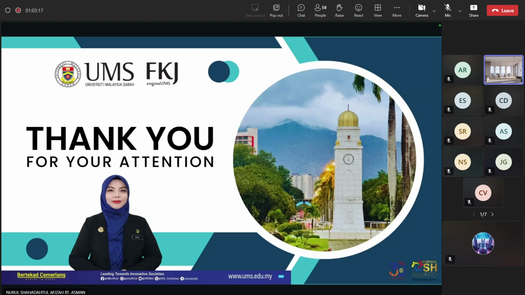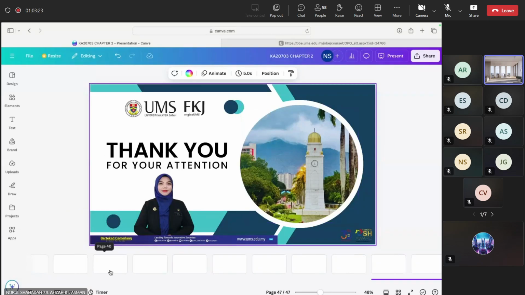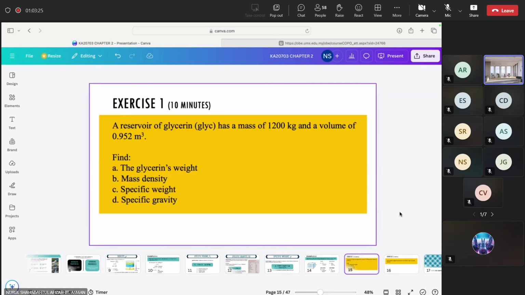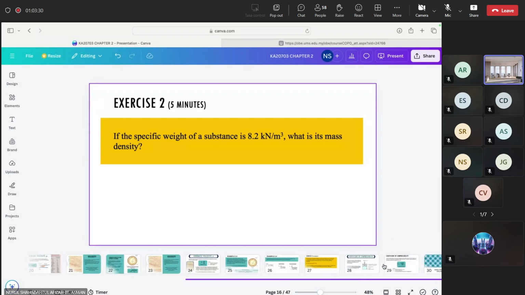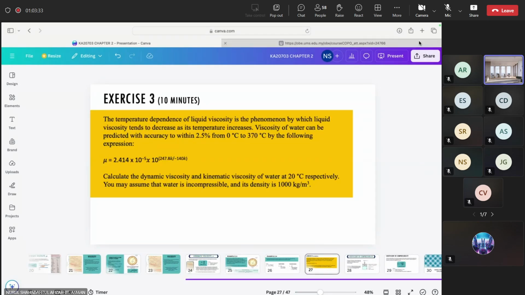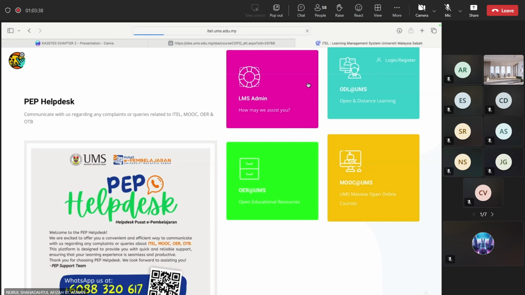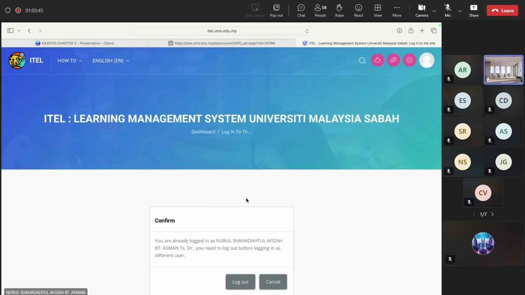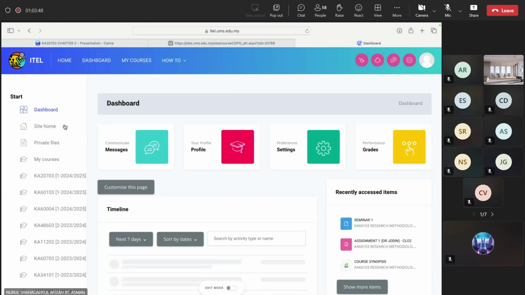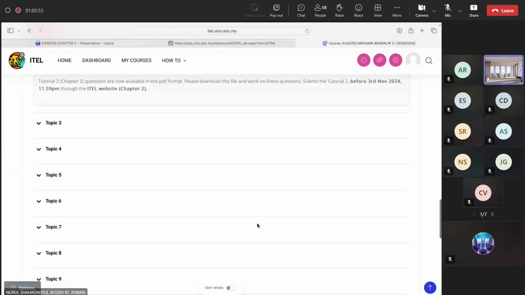You can try to do the exercise, which is exercise 1. We have 3 exercises. You can try to do them later: exercise 1, exercise 2, and exercise 3. Also, I have uploaded the tutorial question.